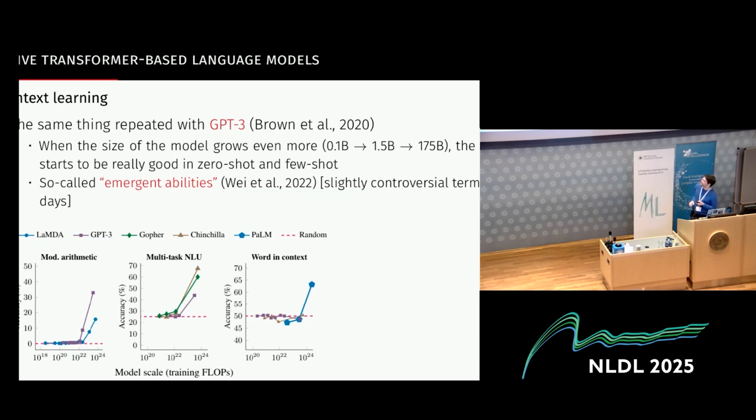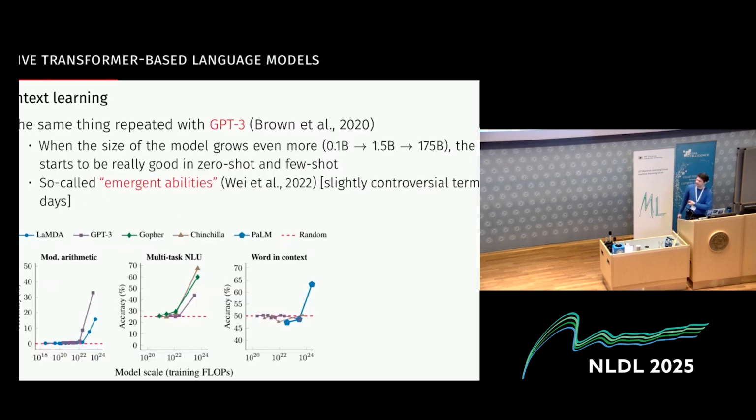That was introduced in 2022. Nowadays, it is slightly controversial because it was shown that this paper was not done entirely correctly. But still, it's a term that you can hear a lot, and it is connected to in-context learning and to this sudden jump in performance.